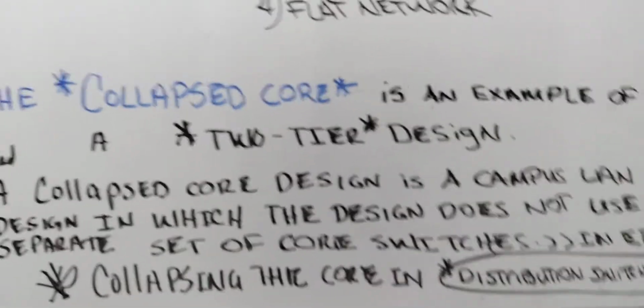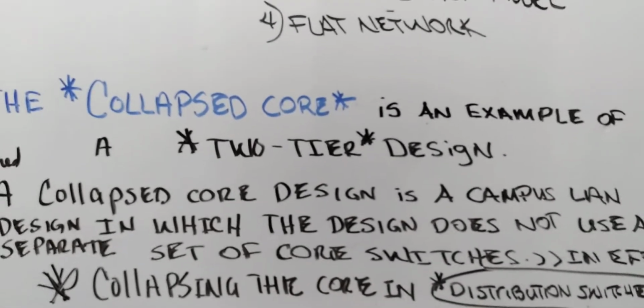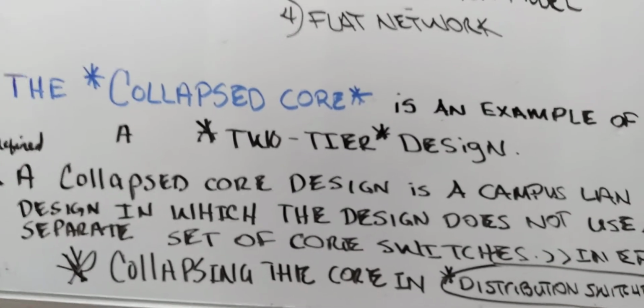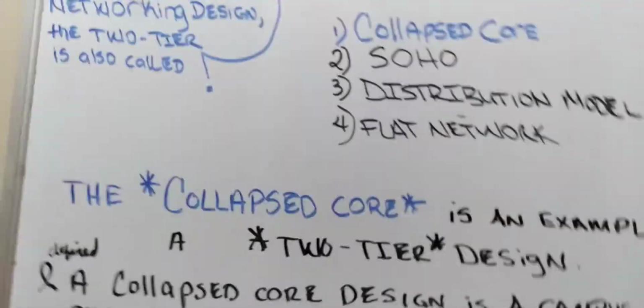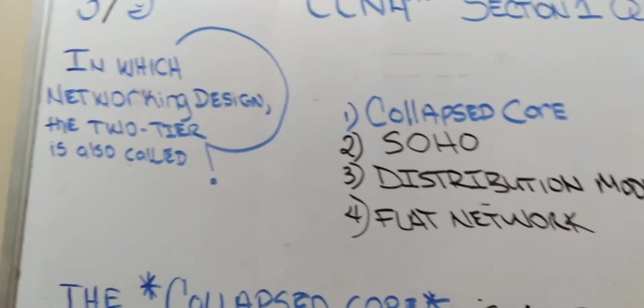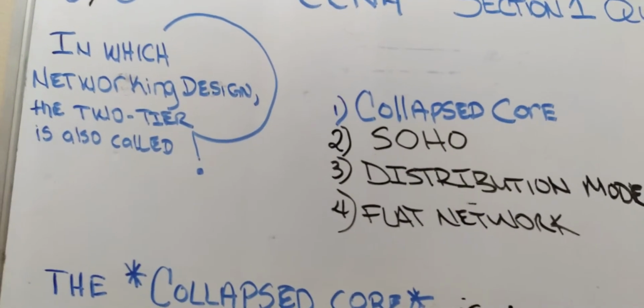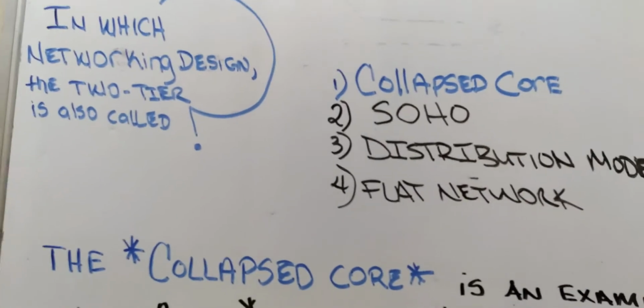So the 3-tier is what uses the core switches, whereas the 2-tier does not. That's the difference between 2-tier and 3-tier: one uses distribution, and 3-tier in addition uses the core.